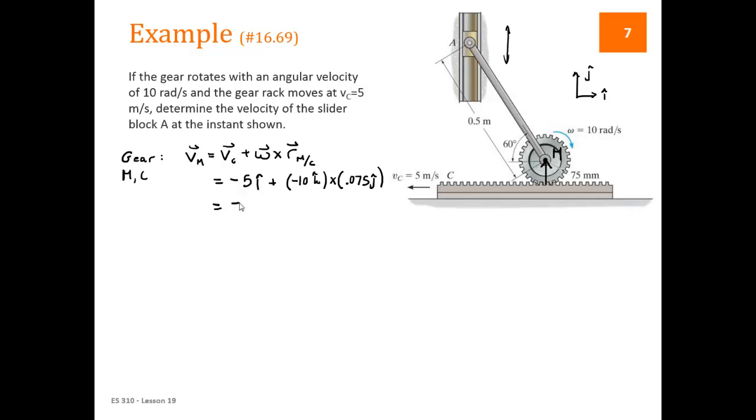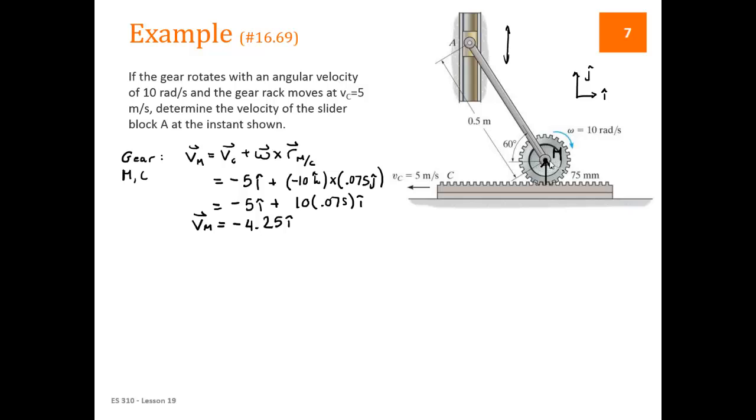So this gives us negative 5 I hat plus positive 10 times 0.075 I hat. So the direction of this quantity came from the right-hand rule cross product of K and J. Then we can add those together and we get negative 4.25 I hat being the direction of VM.